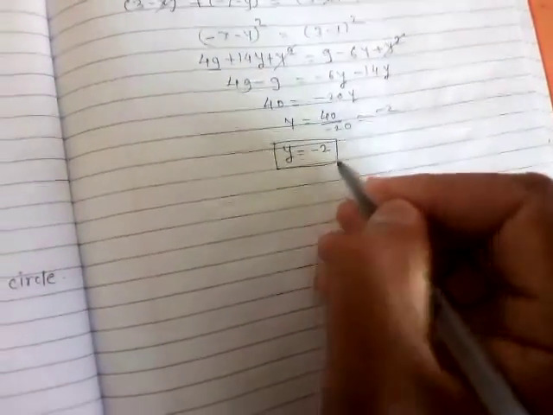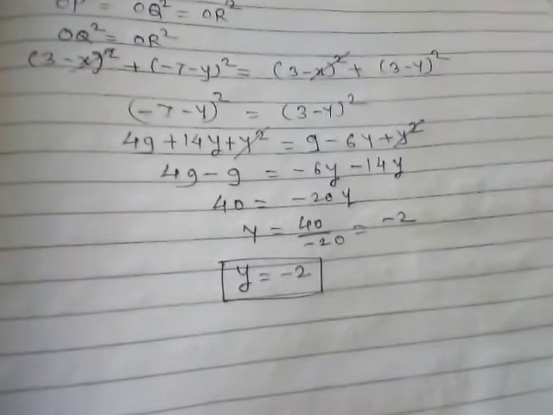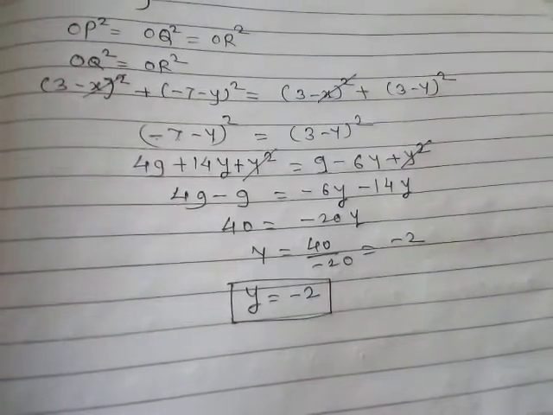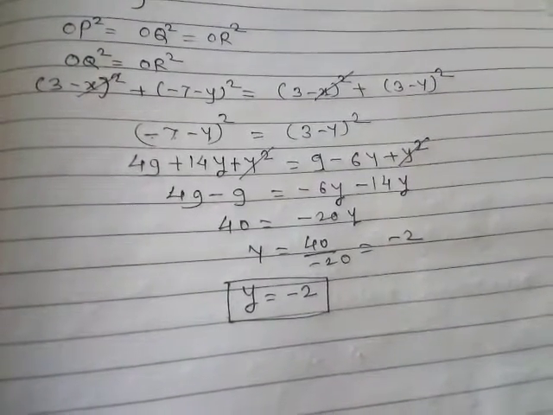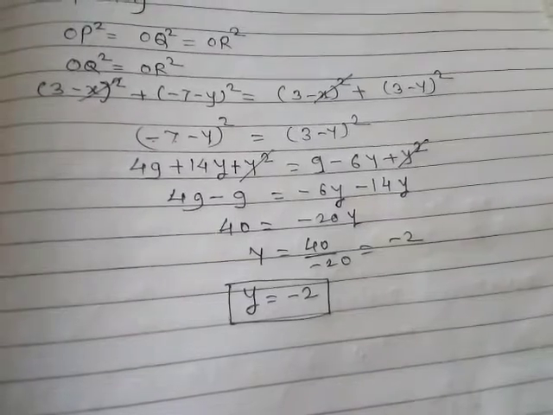Now putting this value of y equal to minus 2 in the equation OP square is equal to OQ square, and then we get the value of x.